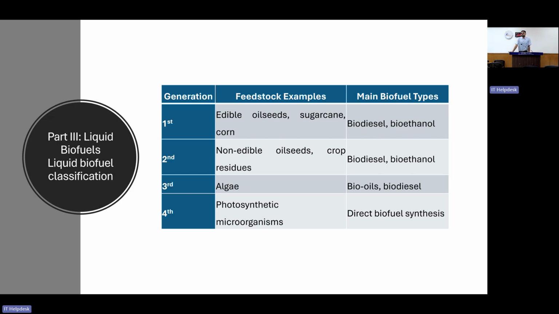In the second generation feedstock, it is mostly non-edible oil seeds and crop residue, and again biodiesel and bioethanol are the main products. In the third generation feedstock, it is algae, and bio-oil and biodiesel are mostly produced from algae.